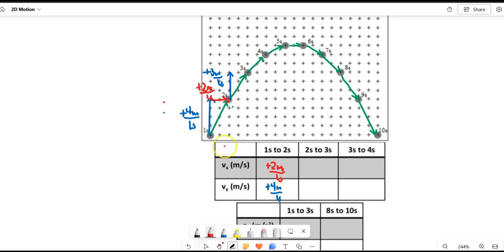And then in the x direction, it went to the right again too, which is positive 2 meters over the period of 1 second. All right, we're going to write those in here. So we're going to put positive 2 meters over the period of 1 second and positive 3 meters over the period of 1 second.